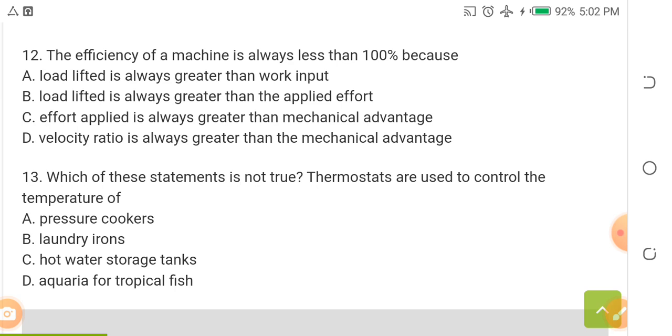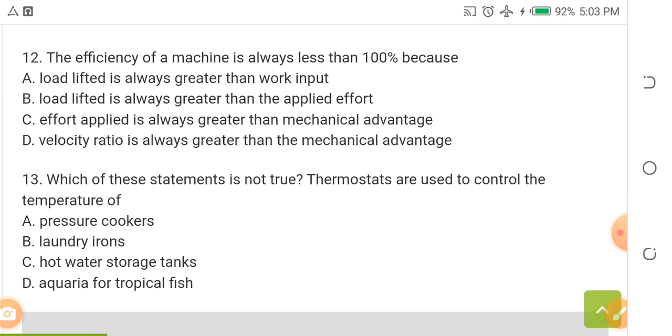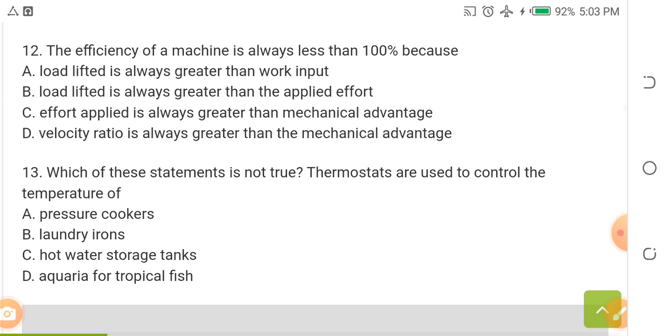C, effort applied is always greater than mechanical advantage. D, velocity ratio is always greater than the mechanical advantage. The answer: the efficiency of a machine is always less than 100% because the velocity ratio is always greater than the mechanical advantage. That is the answer.